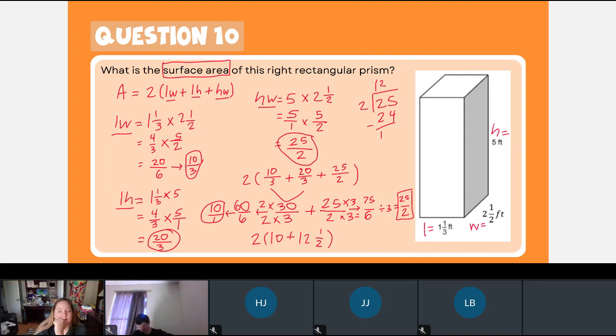Okay. Look at all that work. We're almost done. So let's do 2 on the outside. 10 plus 12 is what? 22 and 1.5. So somebody tell me, what is 2 times 22.5?